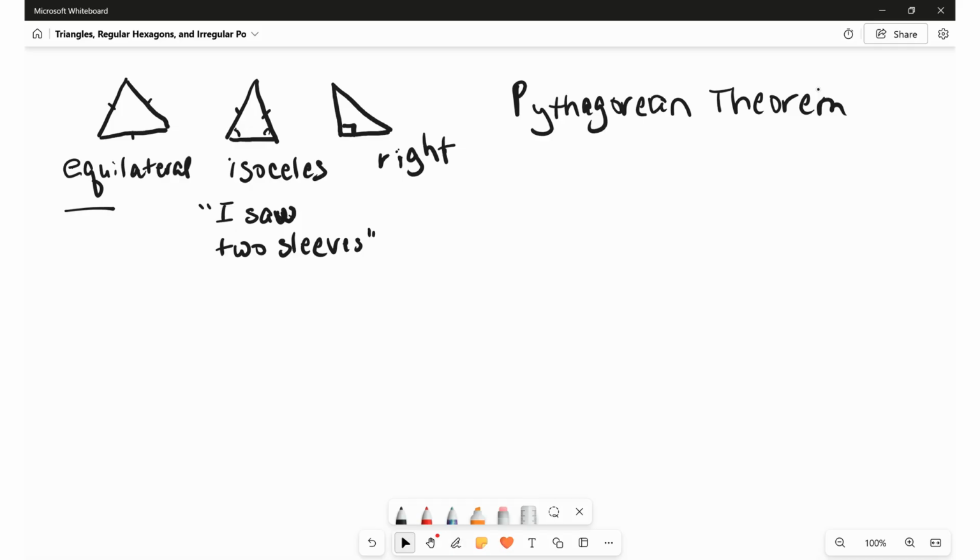Okay, and the Pythagorean theorem tells us, a lot of times we just see it written as a squared plus b squared is equal to c squared. Now a couple of things with the Pythagorean theorem. It only works with right triangles.